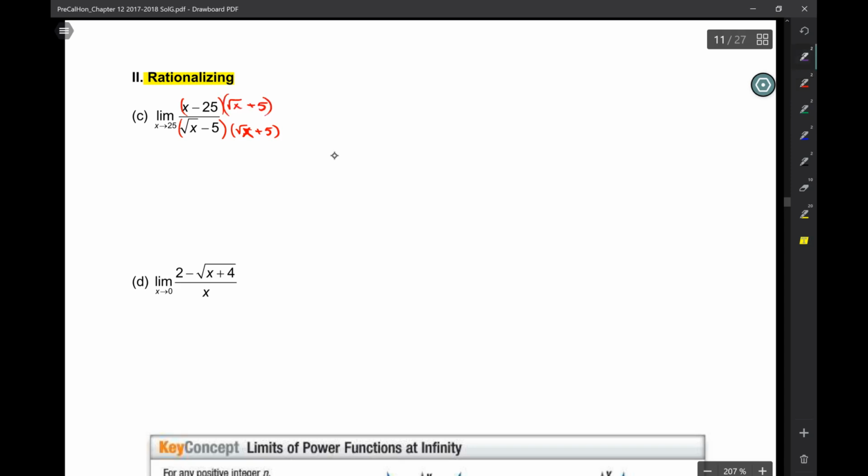Yes. So now, this is the limit as x approaches 25. Okay, what do we get on the bottom? The square of the first is x, minus the square of the second is 25. Okay, now on top, here's what you get. x minus 25, root x plus 5. I know you have the urge to multiply that in using FOIL.